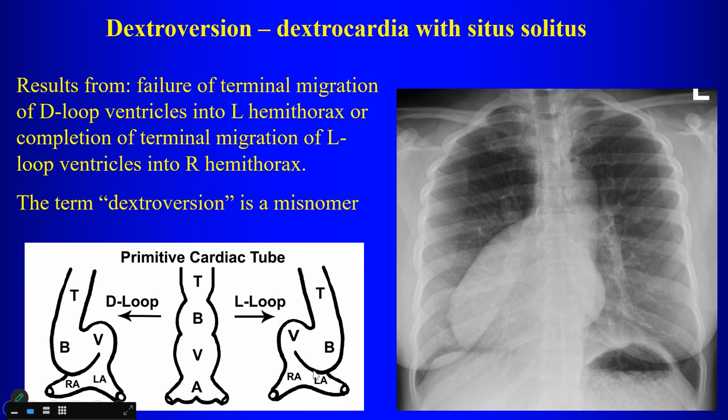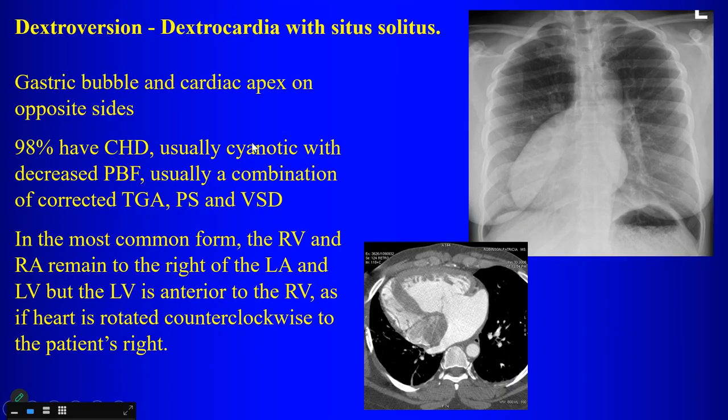If you have atrioventricular discordance and ventricular arterial discordance, is it the good kind of transposition or the bad kind? It's the good kind, and we call that congenitally corrected transposition. Okay? Discordant cardiac loop. So those are the two ways you can have dextroversion with dextrocardia, or dextrocardia with situs solitus.